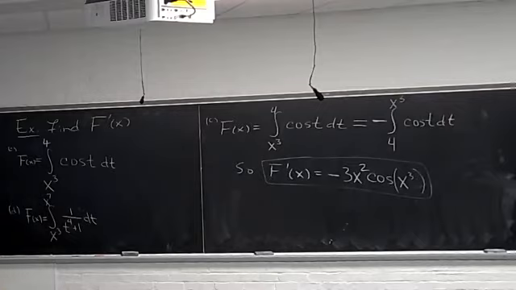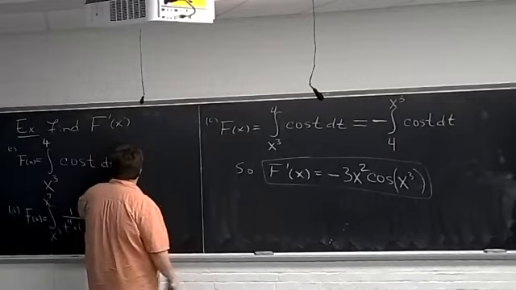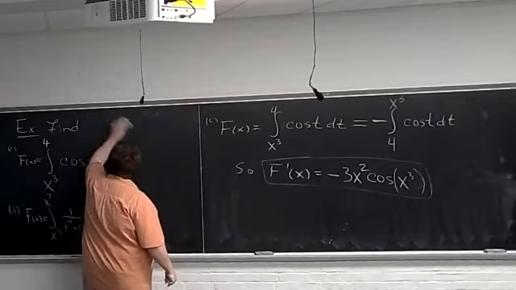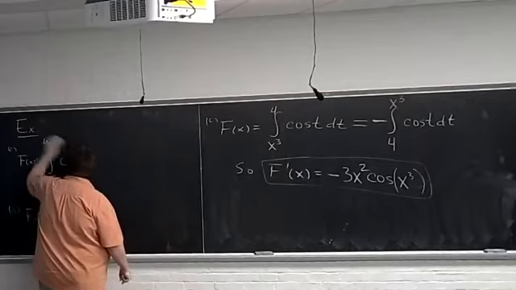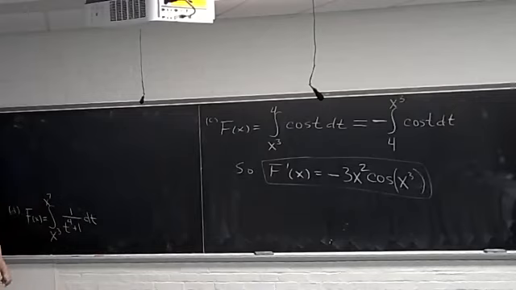Okay, so let's do part D. Just writing myself a note over here to be sure I mention this. For part D, we aren't in part A, we aren't in part B, we aren't in part C, because for part D, notice we have x's as our top bound and x's as our lower bound.